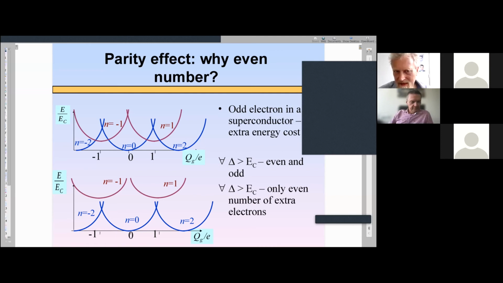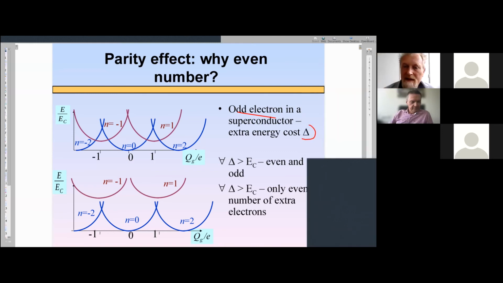But I didn't say why. The reason is that if the number of electrons in your island is odd, it requires extra energy cost. What is that cost? It is just the superconducting gap.